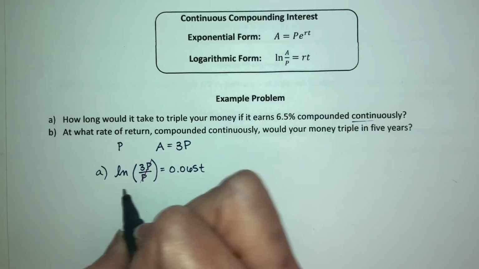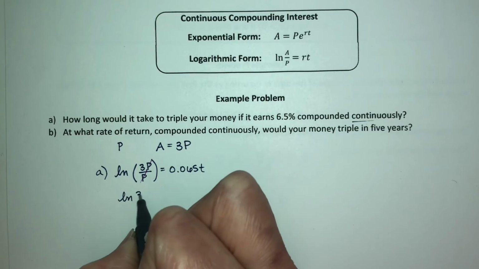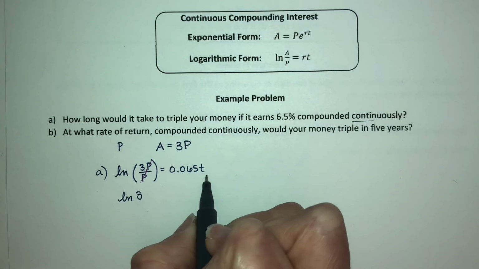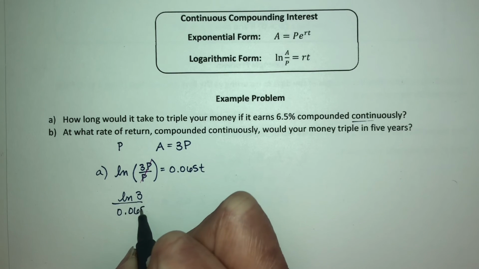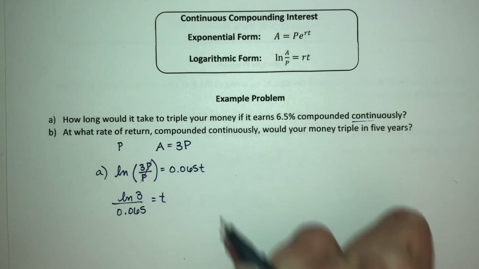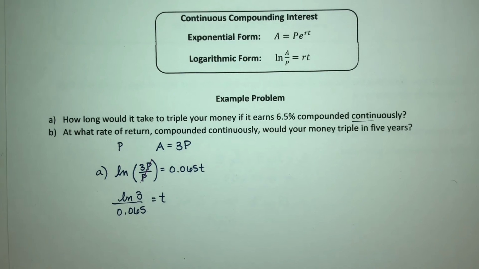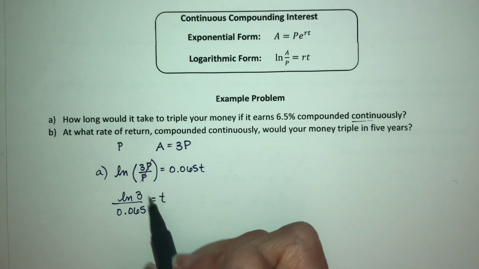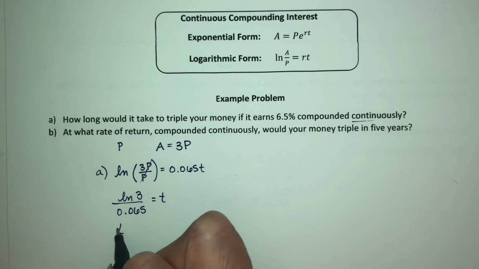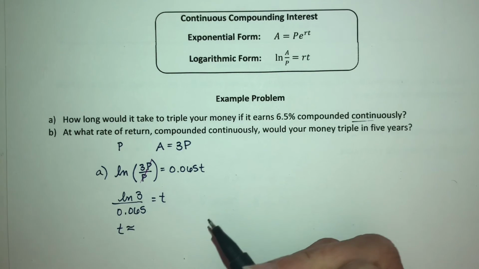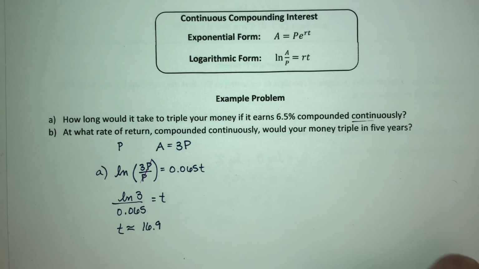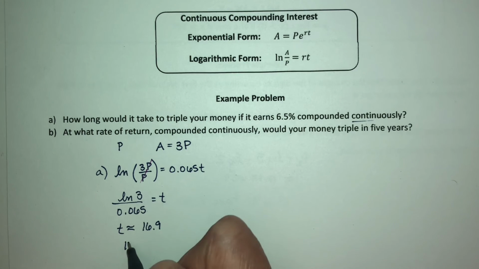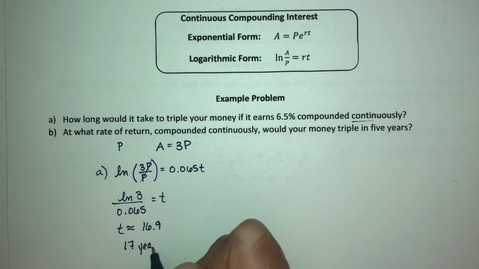So what we have here is natural log of 3. And if I want just t, I can divide this by 0.065. And that's going to give me my t value. If you plug this into your calculator, you'll find that t is approximately 16.9. So you can triple your money in about 17 years.